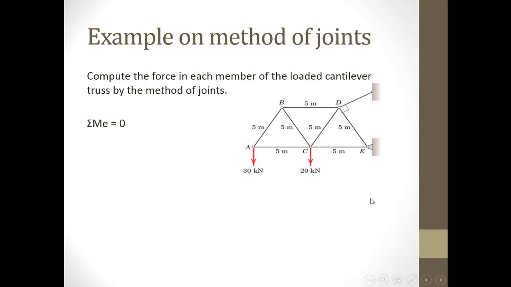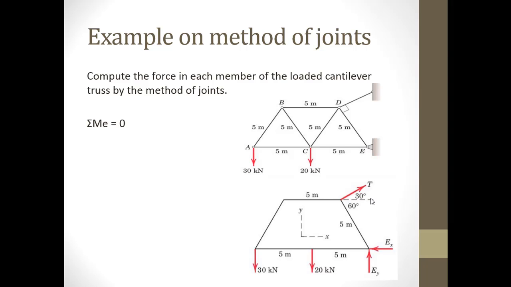First of all, we should draw a free body diagram, then we should find the supports. I'm going to take the moment around E to find the tension, and the tension is equal to 80 kilonewton.